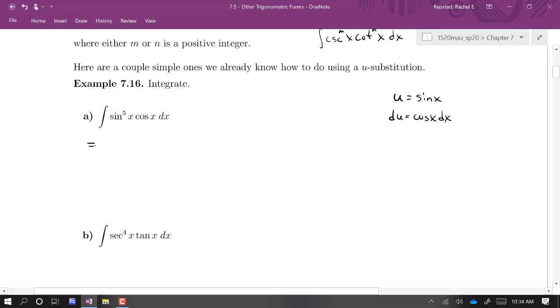And this is a power rule integral. If I make the substitution, we get u to the fifth du. And that gives us 1/6 u to the sixth plus a constant. And putting our expression back in, we get 1/6 sine to the sixth of x plus a constant.